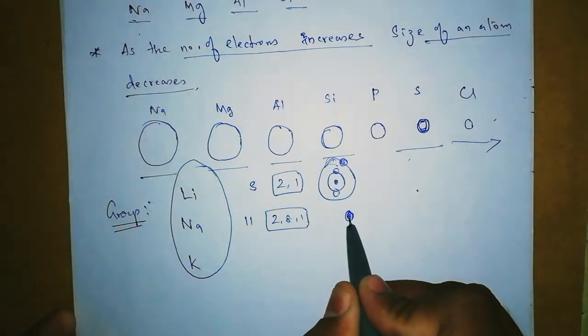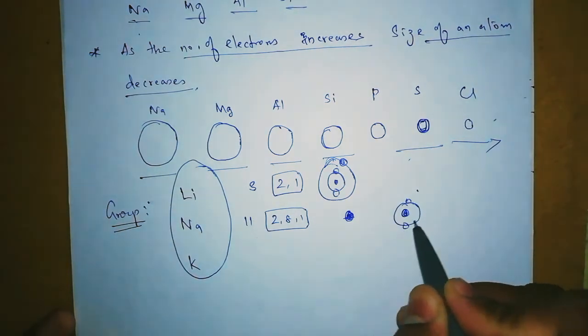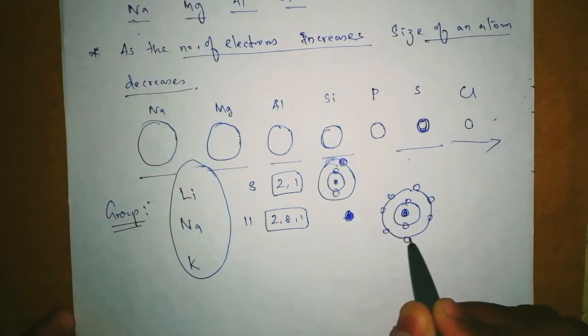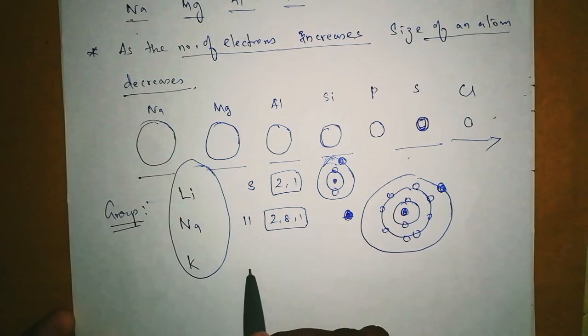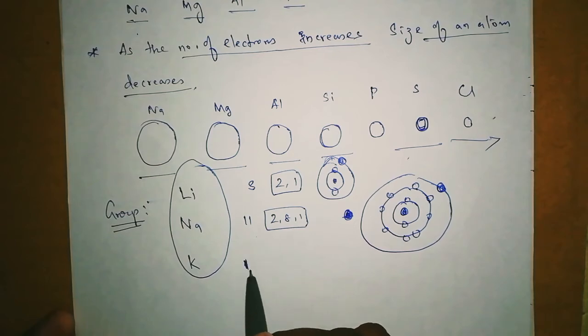So if I want to draw the structure of sodium, I can draw like this. First shell 2 electrons, second shell 8 electrons, and third shell 1 electron. And if I want to draw for potassium, what is the atomic number of potassium? Yes, it is 19. So 2, 8, 8, 1.